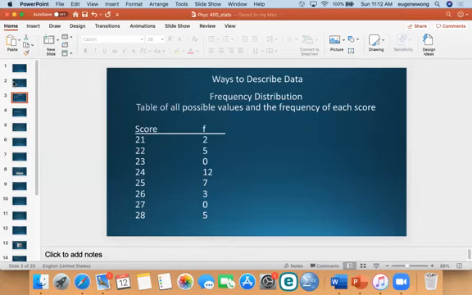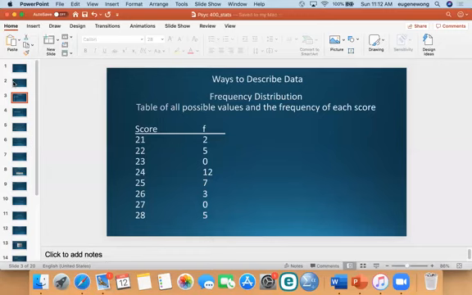So in this case, 21 to 28. Then we would count up the number of 21s, the number of 22s, the number of 23s, the number of 24s, and so on, and put that number under the heading F. And F stands for frequency.